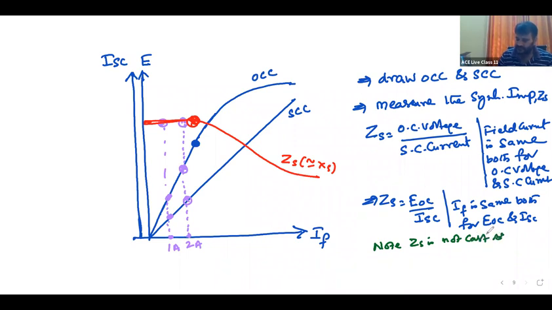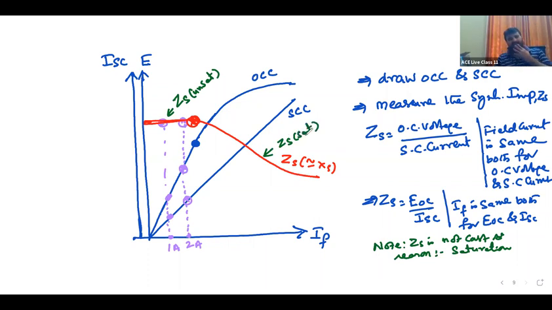Then we can call this part ZS unsaturated. But this portion is ZS saturated. That is ZS unsaturated, no saturation, constant up to the knee point. But later onwards it is ZS saturated.